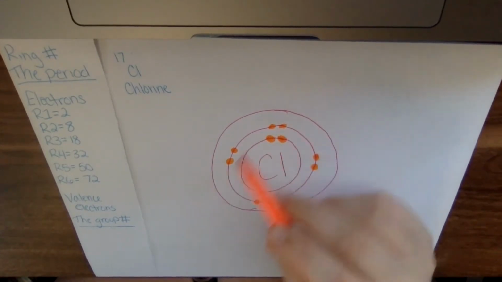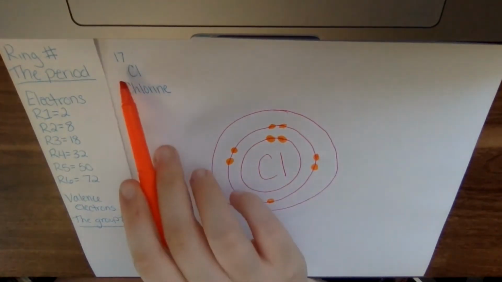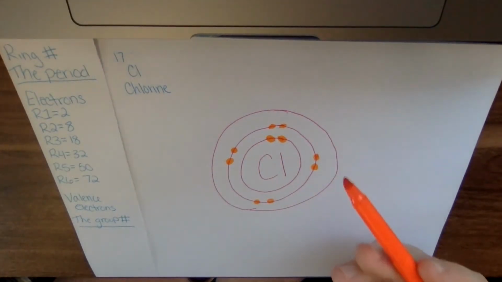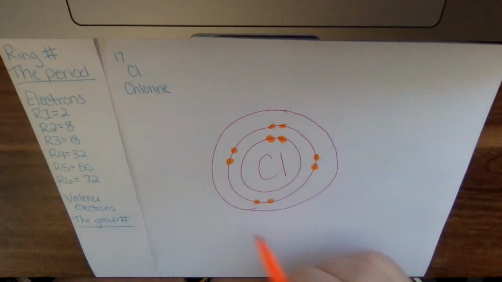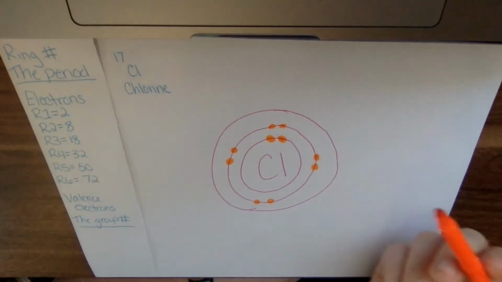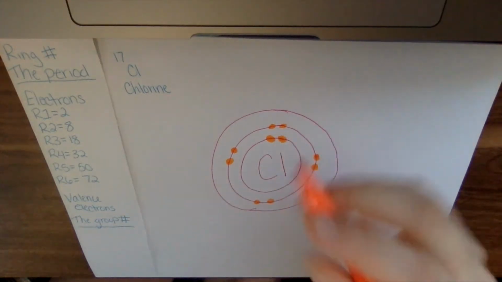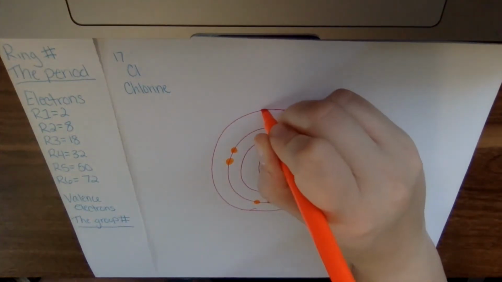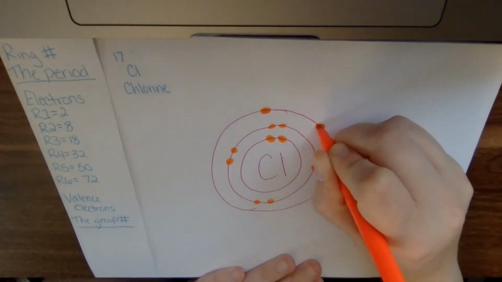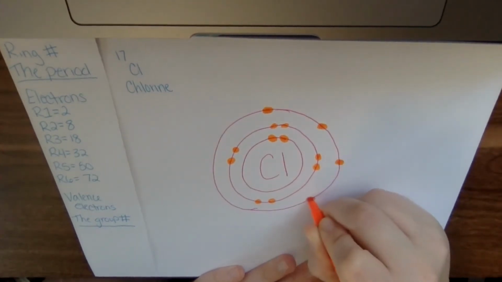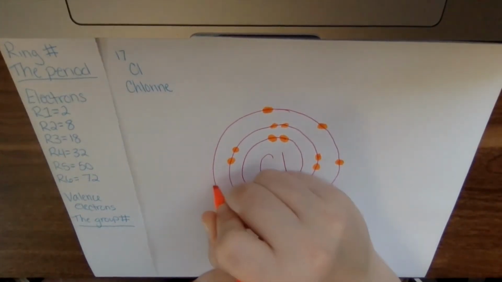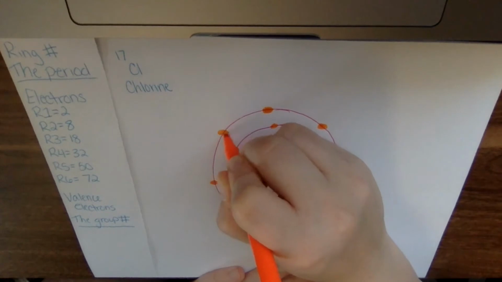So I have 2 and then 8, so I have 10. For 17, I need 7 more. This third ring can hold 18, so it's not going to be filled in all the way. So put your last 7 electrons there: 1, 2, 3, 4, 5, 6, 7.